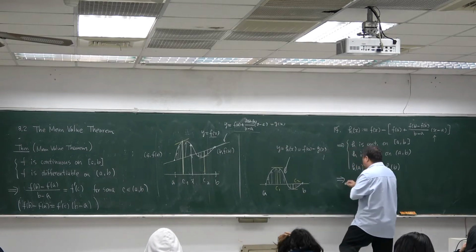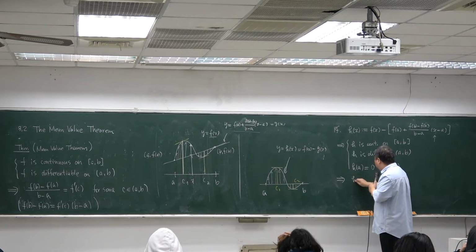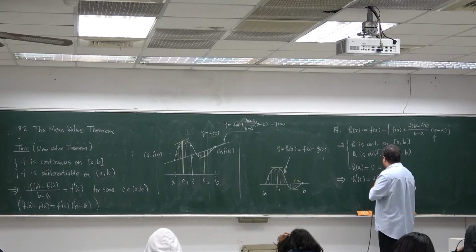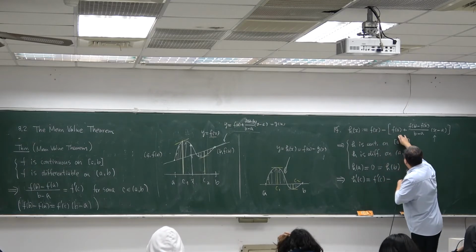So, by Rolle's theorem, h prime of c, where h prime means f prime minus this, is 0.